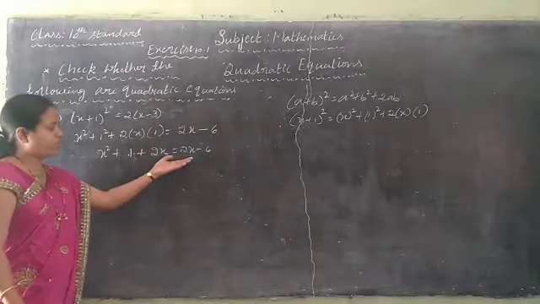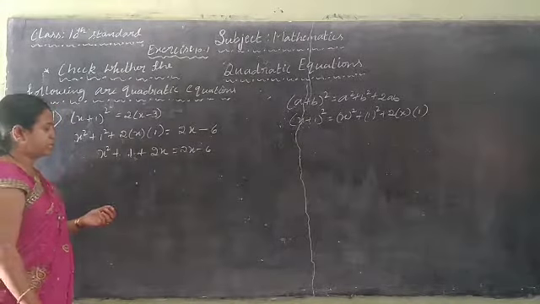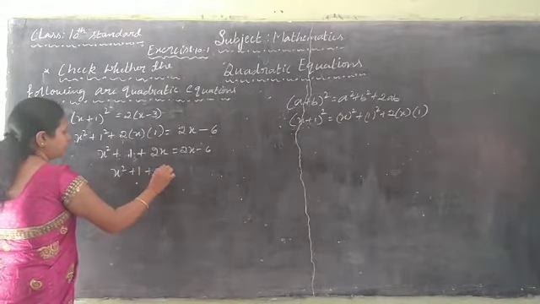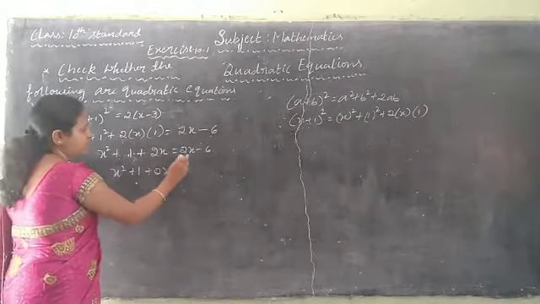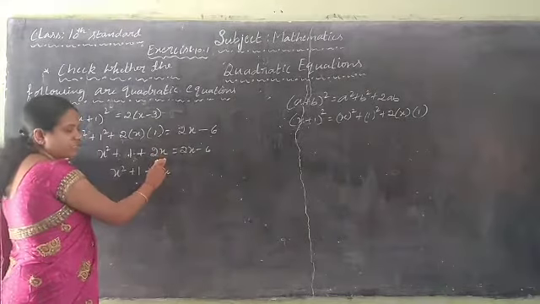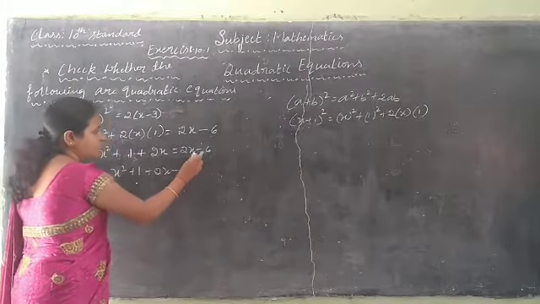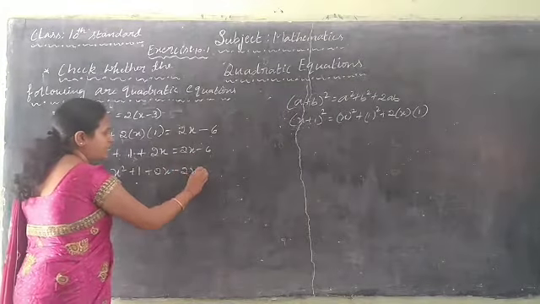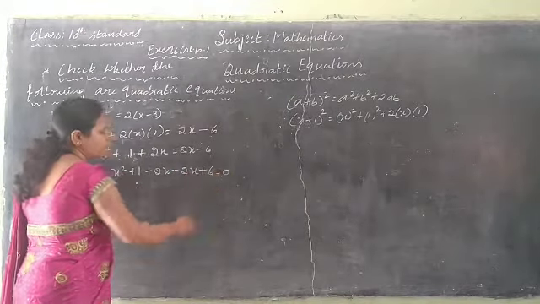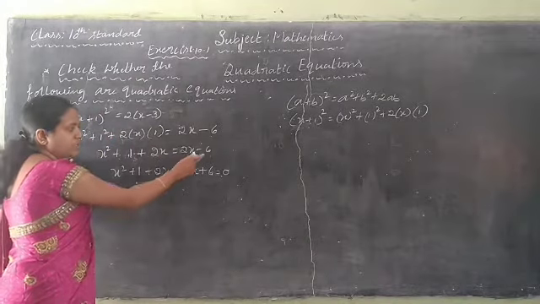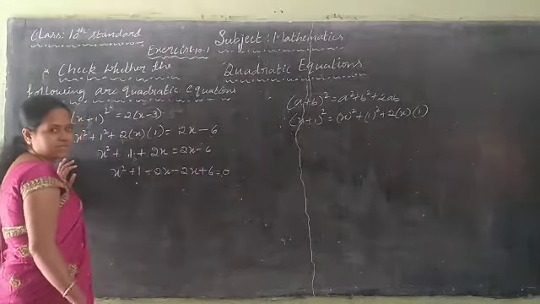Now transfer 2x minus 6 to the left hand side, children. x square plus 1 plus 2x. See here, when you transfer the 2x across the equals, you will get minus 2x. So minus 6 will become plus 6, is equal to 0. Got it? Plus 2x will become minus 2x. Minus 6 will become plus 6.